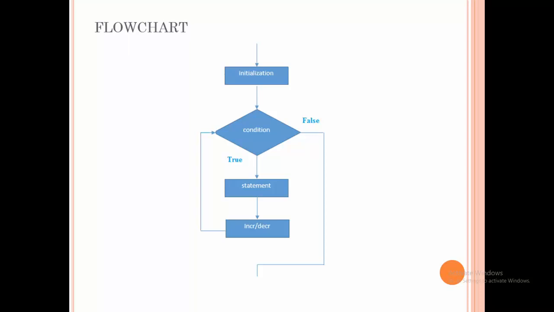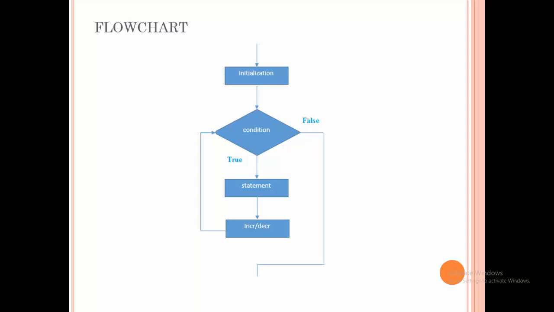Then we have condition. So it is used for testing the exit condition for a loop. This will give a boolean value as a return. It is also an entry control loop, as the condition is checked prior to the execution of the loop statement.